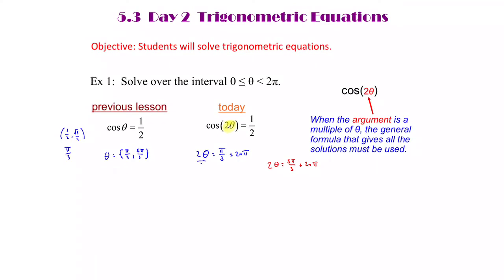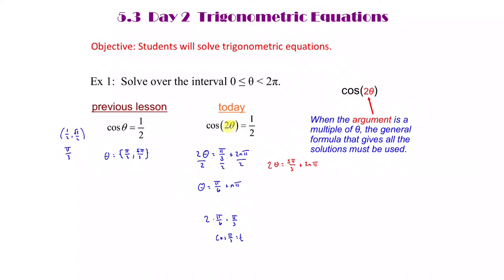So we'll divide by 2 to get theta by itself. Everything gets divided by 2, and theta is equivalent to pi over 6 plus n pi. So now our solutions are pi over 6, and if you think about it, it makes sense. If you take 2 times pi over 6, what do you get? Pi over 3. And we're saying that cosine of pi over 3 is equal to 1/2.